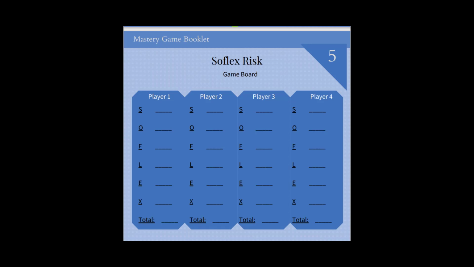All right, so Soflex Risk, here is your game board. Each one of these vertical columns where it says Soflex is each person. So you can see player 1, 2, 3, and 4. All right, so what you're going to do here, this game takes a little bit of strategy. So you're going to roll between 2 and 7 dice.